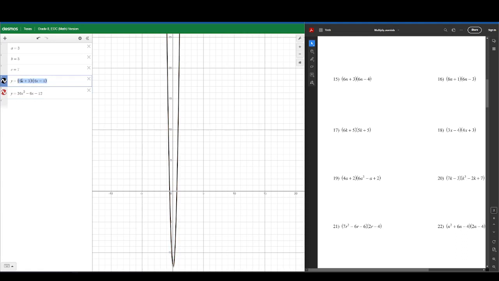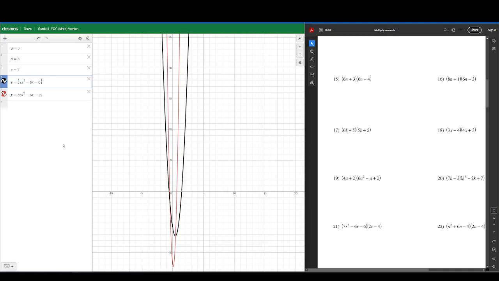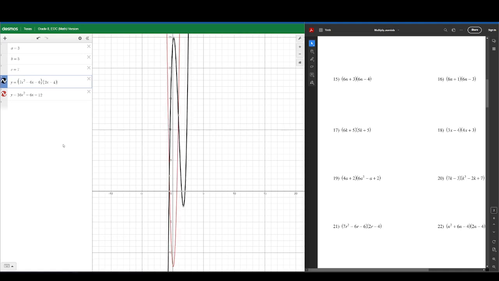So we'll look at one more on number 21. Let's just erase all that. 7x squared, and then minus 6x minus 6, and then we're multiplying that by 2x minus 4. So this one, you can see, is a funny curvy shape called a cubic function. That doesn't matter. We don't care that it's a cubic function.